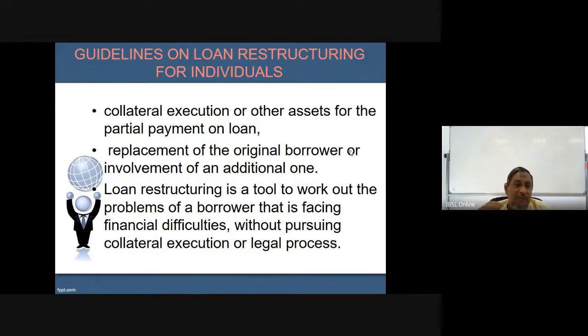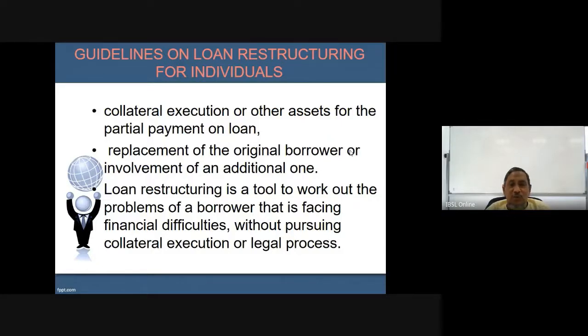So all these things can be absorbed into the collateral repayment coverage. Replacement of the original borrower or involvement of an additional one. Now, if the original borrower is, for example, sick or weak, he can ask his son or somebody in his family to replace the borrower. Okay, that's also part of restructuring.